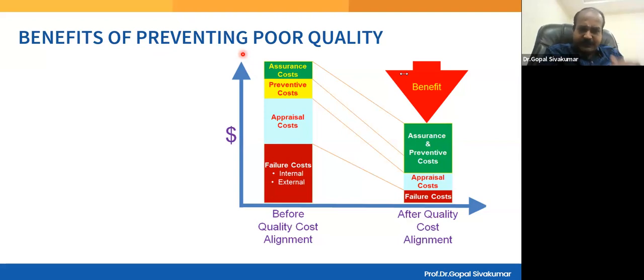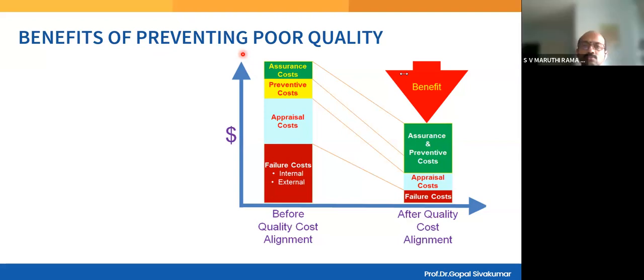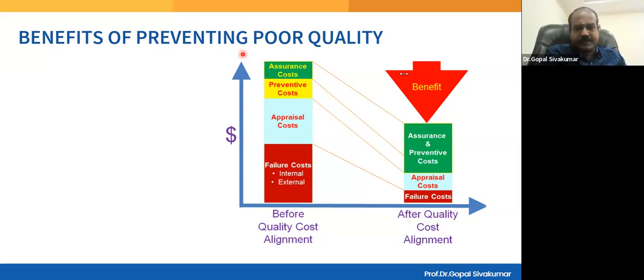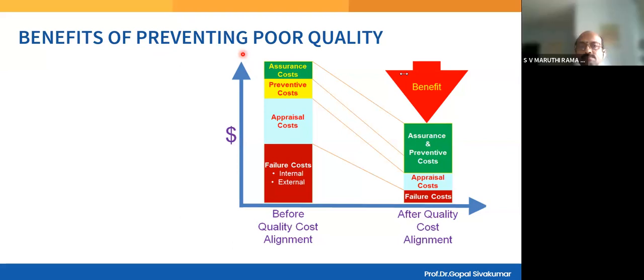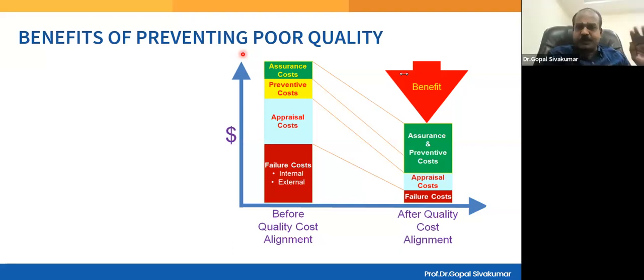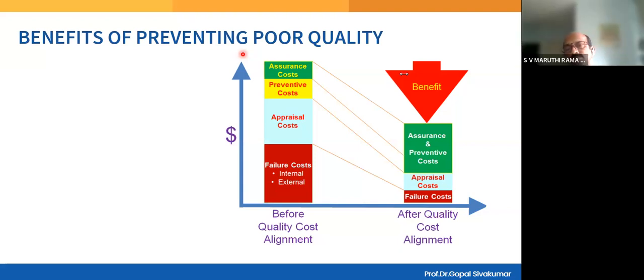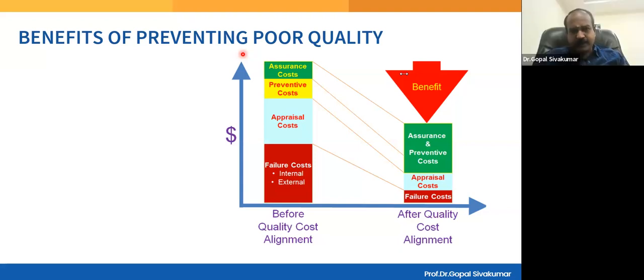Do you think SOPs are free? No. Somebody is putting effort, spending time, a team is working, a lot of effort is happening, cost is involved, but that is a preventive cost, isn't it? Why is SOP made available? To prevent failures. So any effort, if the objective is preventing a failure, the cost associated is called prevention cost.